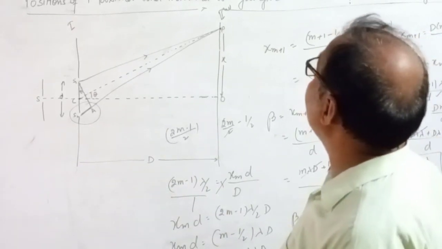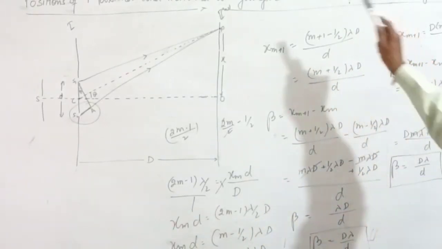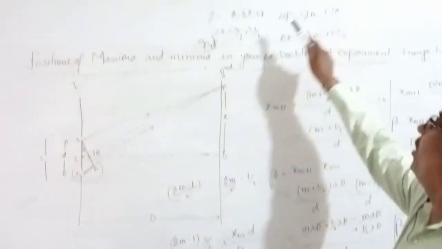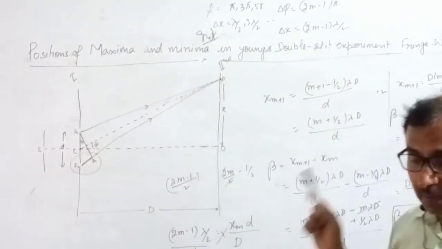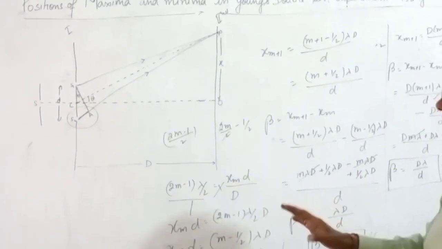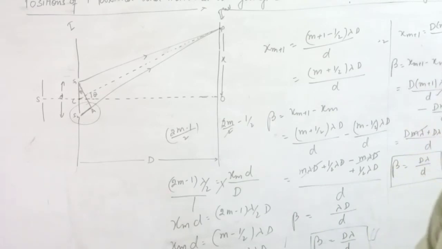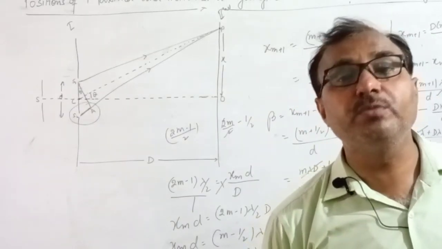So again, I want to repeat that for destructive interference, the phase difference should be an odd multiple of pi, and the path difference should be an odd multiple of lambda by 2. So here I explained fringe breadth. After that, angular fringe breadth.